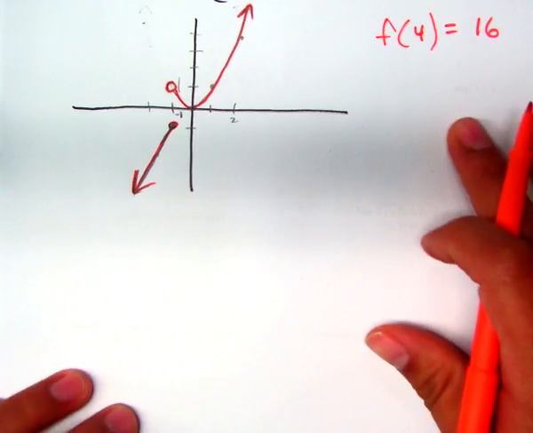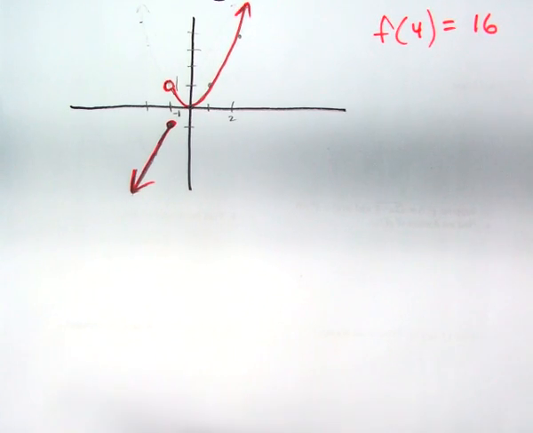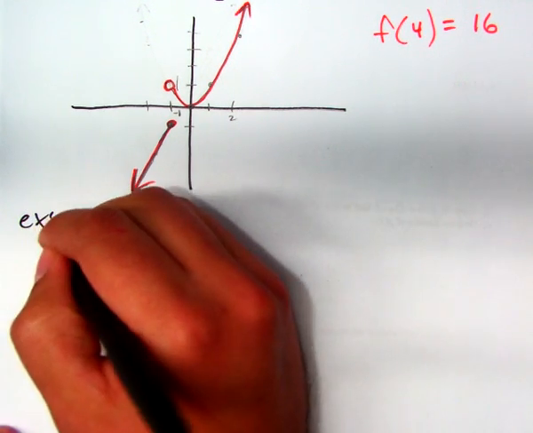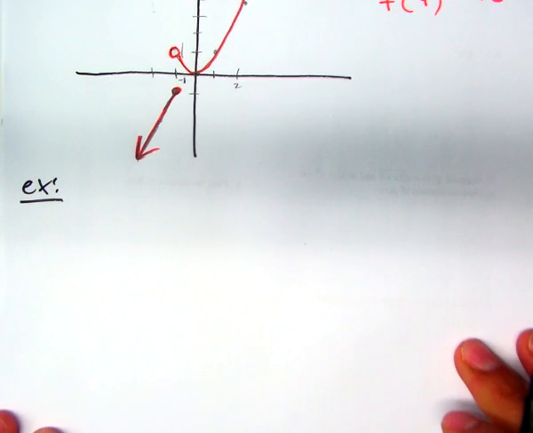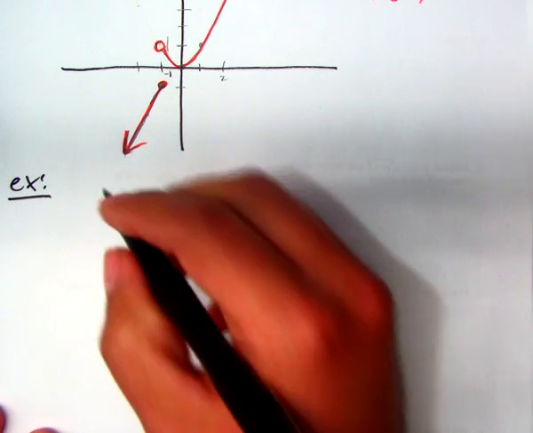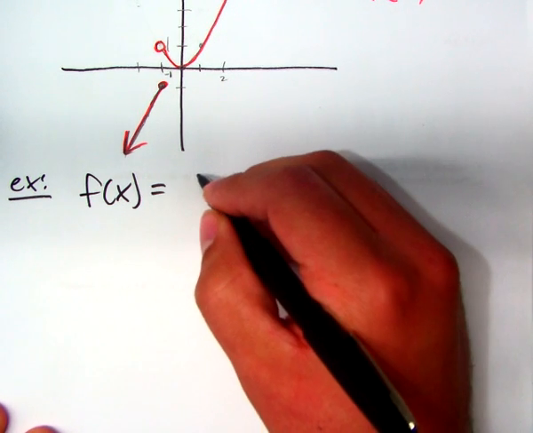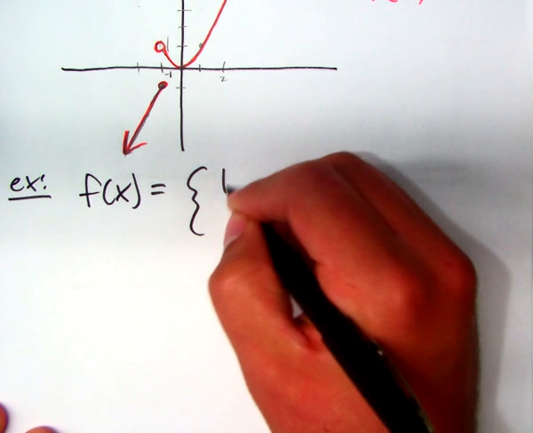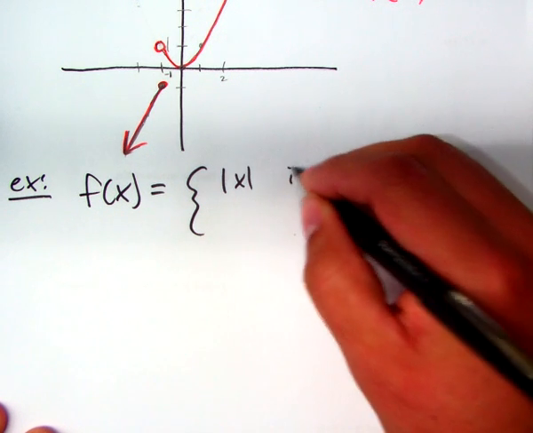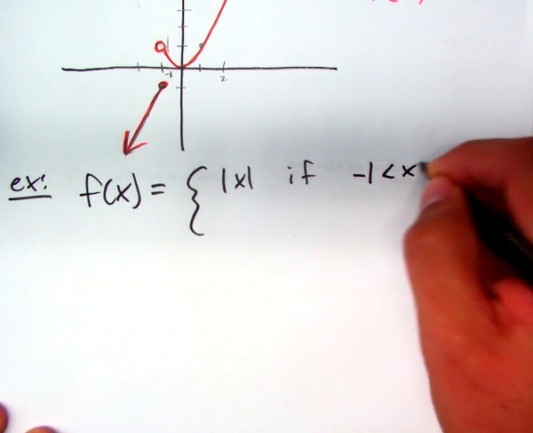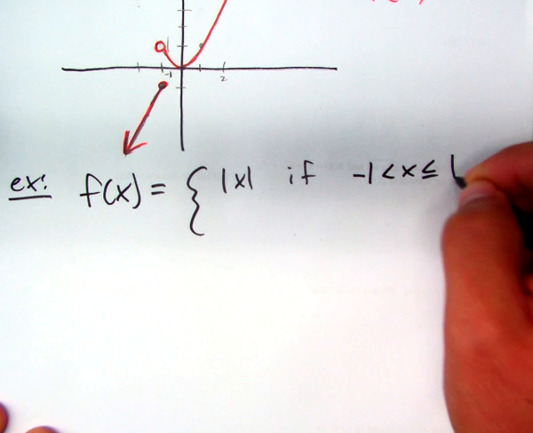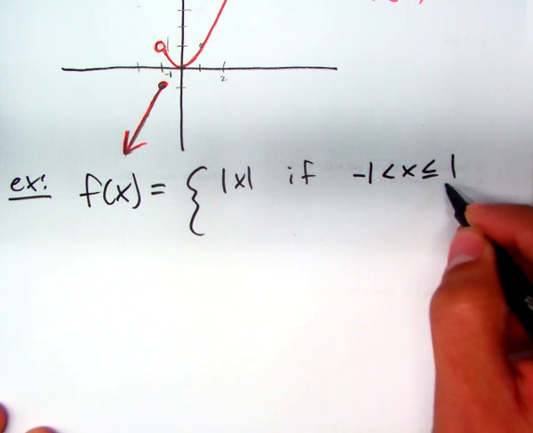Okay. One more example. Now I'll explain it a different method. Let's say f of x equals the absolute value of x if x is between -1 and 1, open at -1, closed at 1.